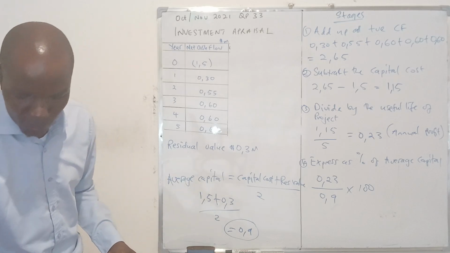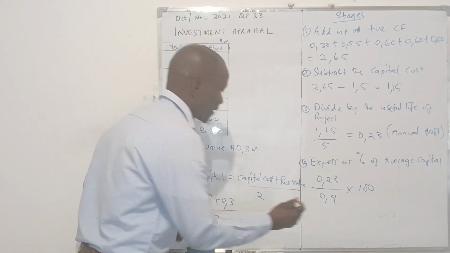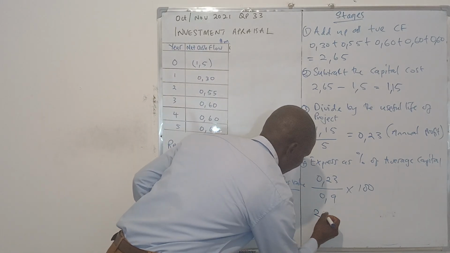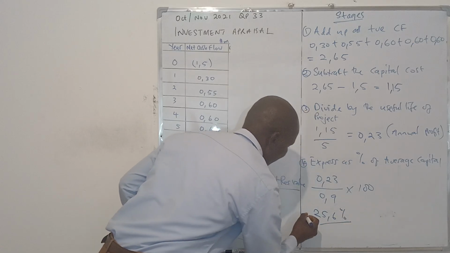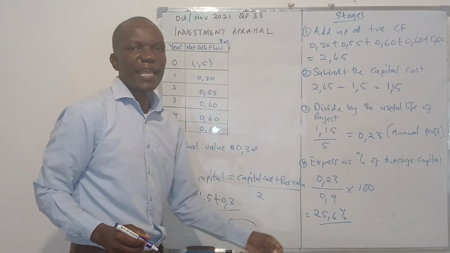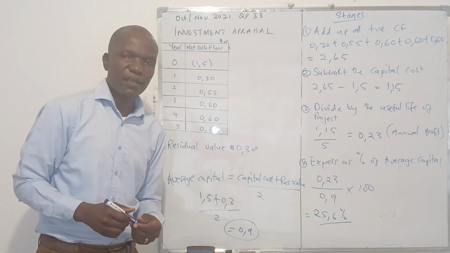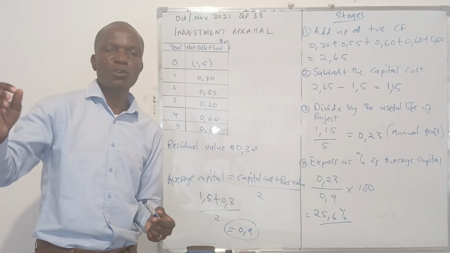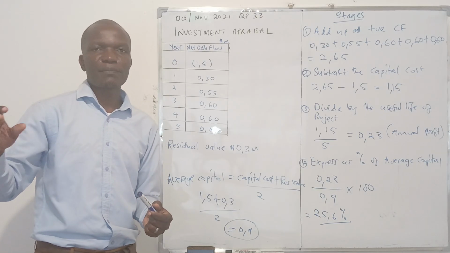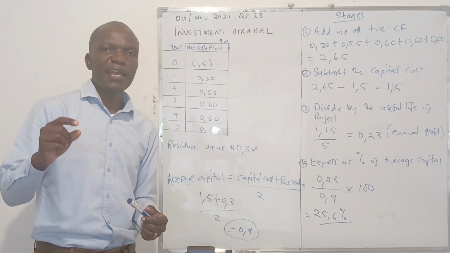So I'm having 25.6%. This is our ARR, the average rate of return. So your annual profit over average capital times 100 gives you your ARR.